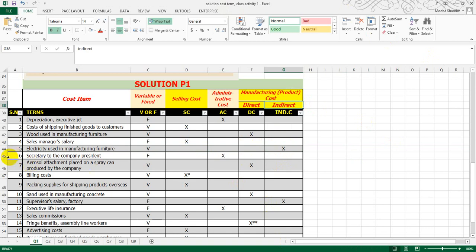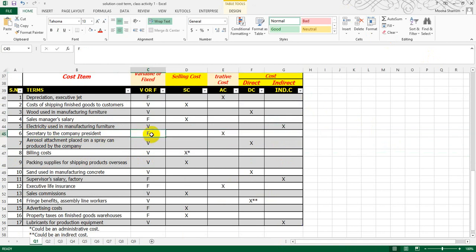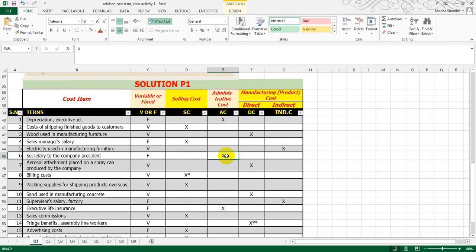Next one is secretary to the company president. Secretary to the company president is a fixed cost, and it is treated as an admin cost. The secretary or staff which is related with the admin work, they are related with the admin cost.